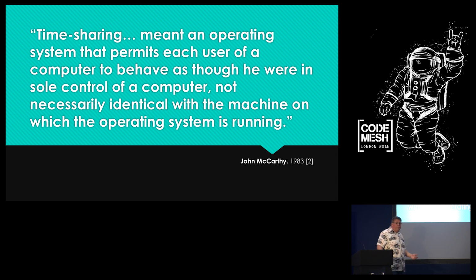But anyway, Strachey wrote this paper in '59 that talked about using timesharing as a debugging aid. But John McCarthy was thinking about it really as a way to interact with computers in a totally new and different way, where every user could pretend that they completely controlled all of the computing device. So they could use the computer as if no other users were using the computer, even though many other users were actually in reality using it. And so he describes that in this reminiscence.